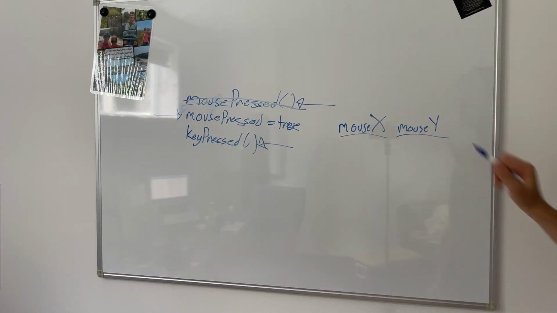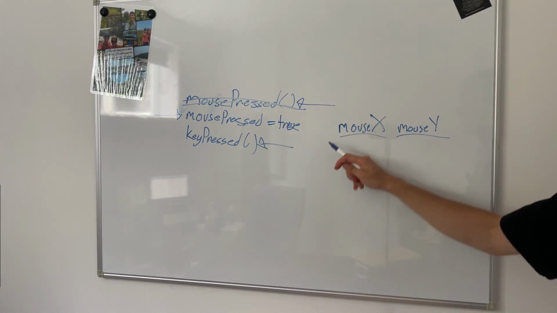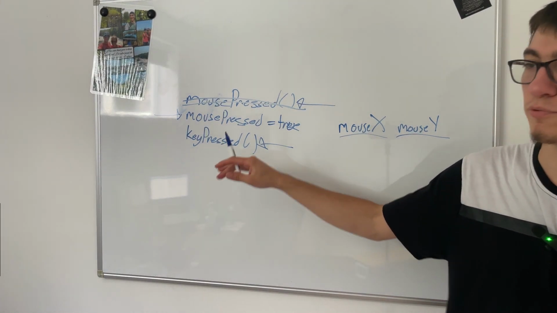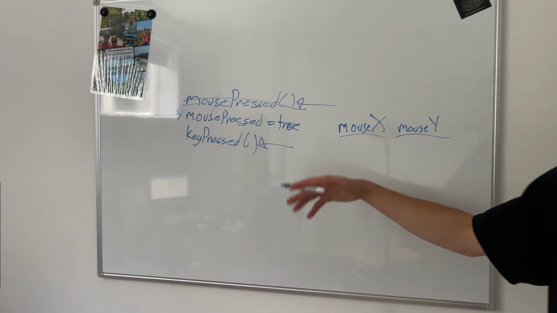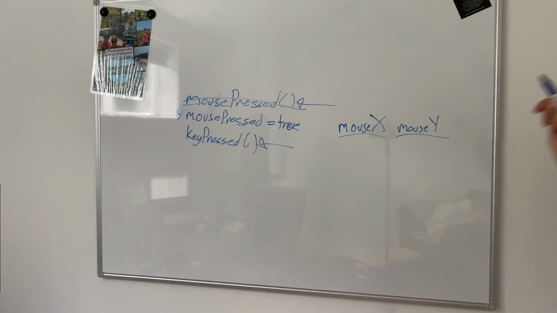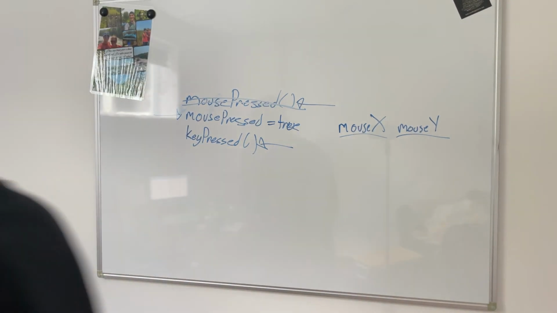So if that is true, then draw a point or a circle at that specific position. And when key pressed is called and the key code is the spacebar, then we will be resetting the canvas, right? So let's get into it.